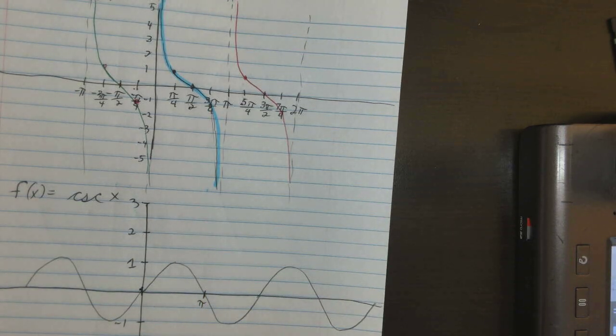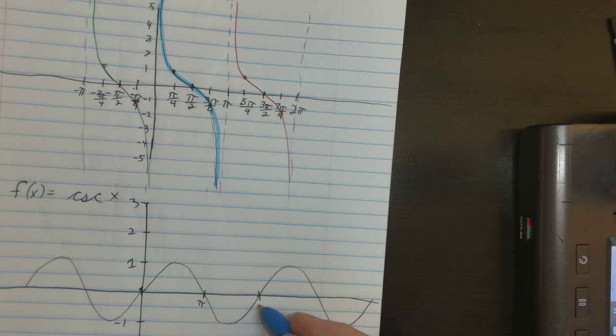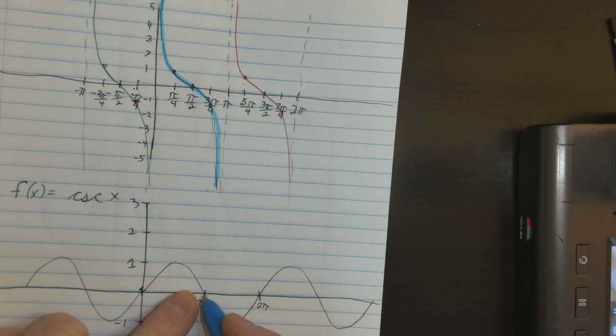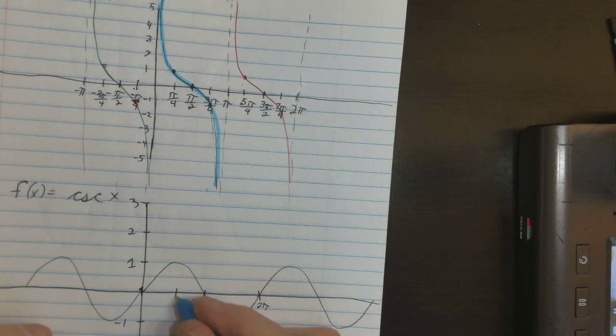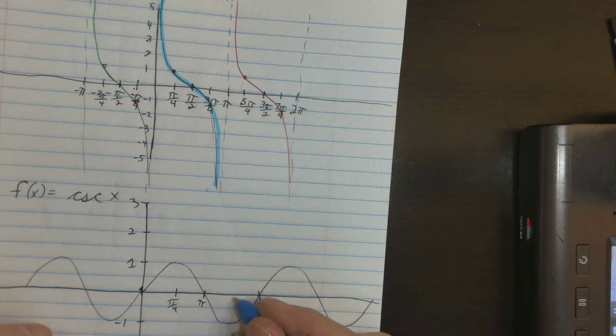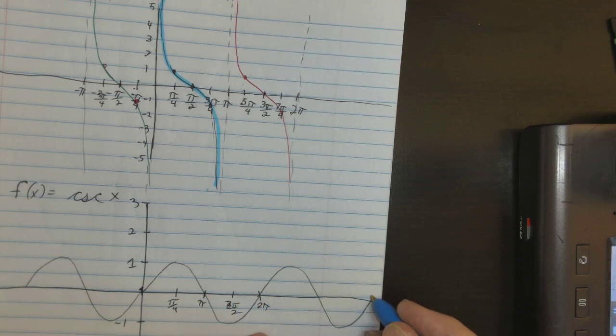And half, you remember a period is 2 pi. Half of 2 pi is pi. Half of pi is pi over 4. And halfway between pi and 2 pi is 3 pi over 2. Okay, and then that's 4 pi.